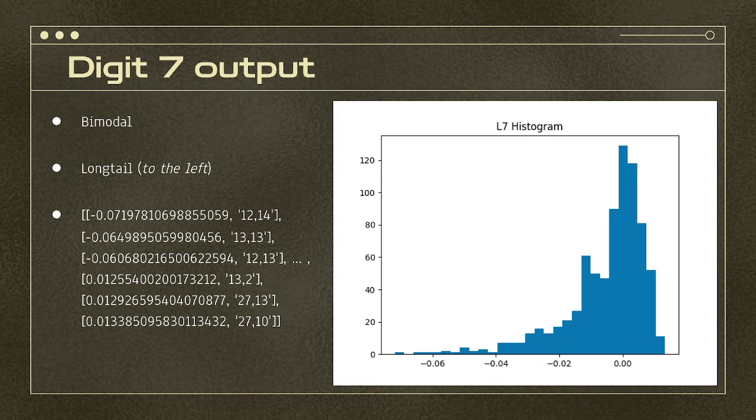So for the digit 7, if we create a histogram, we can see that this histogram is bimodal and it has a left tail.